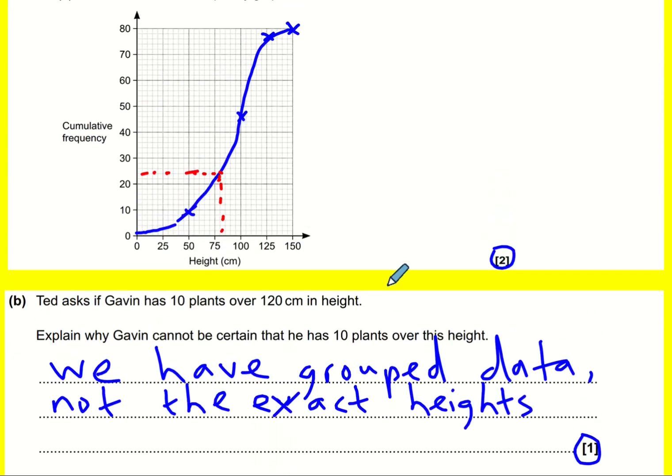Then how many are between 80 and 120? You need to do the same sort of thing again. So this is going to be 120. Read along. I think I'm going to come here. I reckon 74.